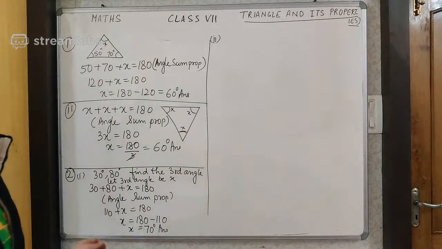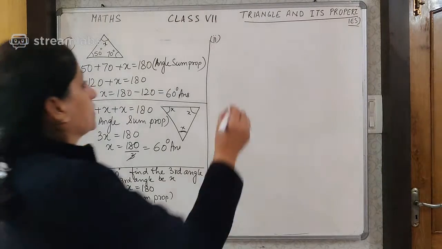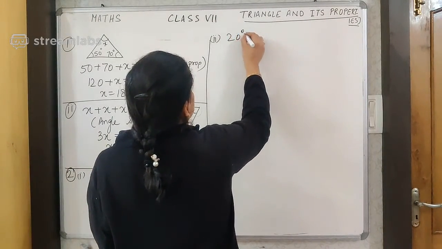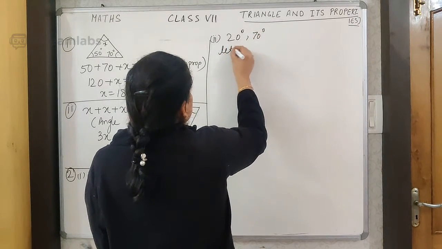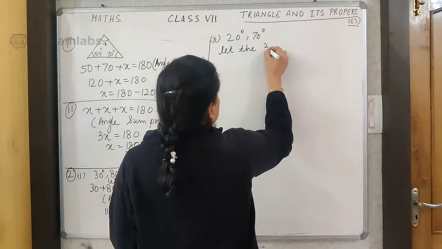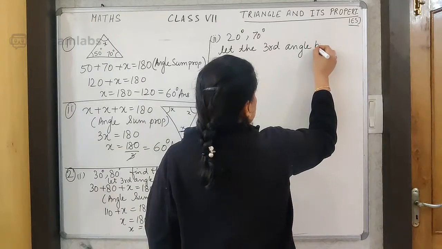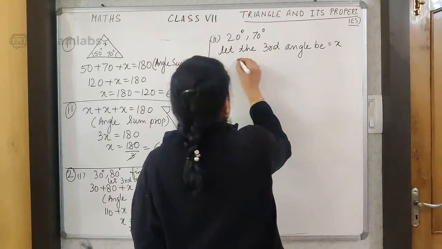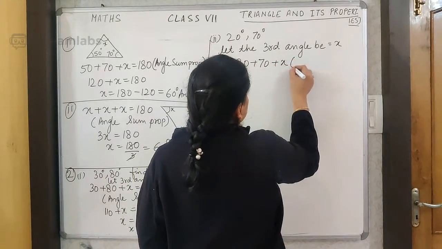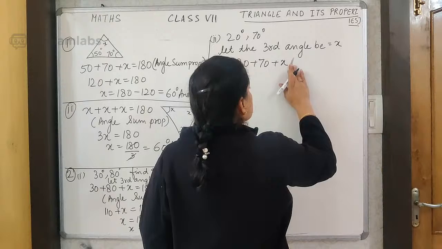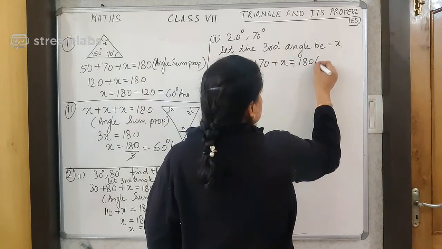We will take up one more. The two angles are 20 degree and 70 degree. Let the third angle be x. I think it should be clear to you, and there should be no need for me to speak, and without that you will be easily getting the answer.